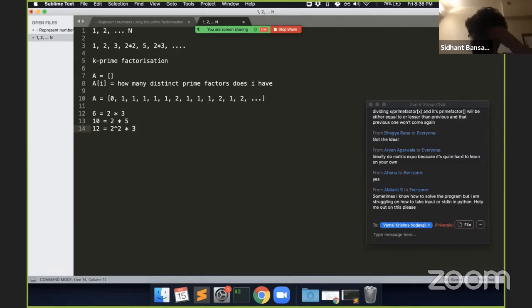Abhilash is asking about struggling. Abhilash, honestly, I would recommend you switch from Python to C++, Java or something of that sort. I'm personally not that confident in Python, so I don't know how you take input in Python. There is raw_input to take input in Python, and then you have to typecast those strings to integers.